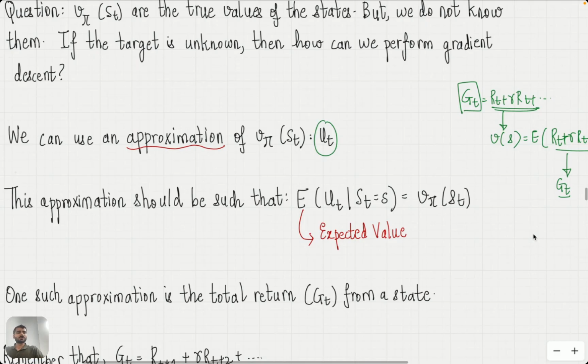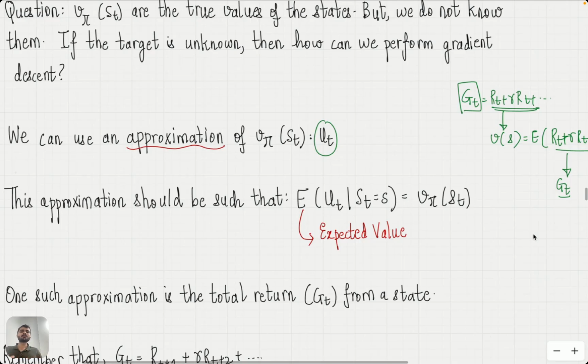Even if you are not able to recall that formulation right now, it's quite intuitive. If you are at a certain state and you reach till the end of the episode, you add up all the rewards. That is one estimate for the value of that state. But if you keep on doing that 100 times, you will reach closer to the true value of the state. So we are taking just one return.